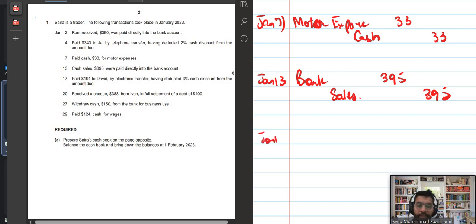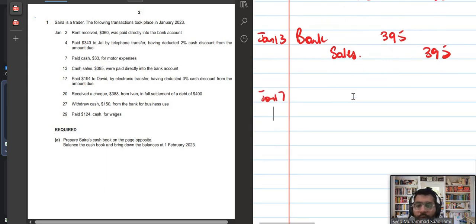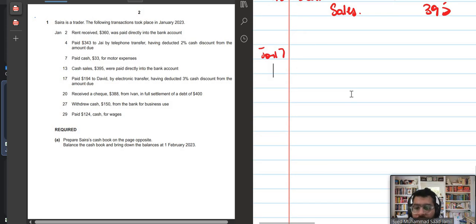Now Jan 17th. It says paid 194 to David by electronic transfer having deducted 3% cash discount from the amount due. Okay, again same thing. We paid, right over here dollar, right over here percentage. We paid an amount of 194.